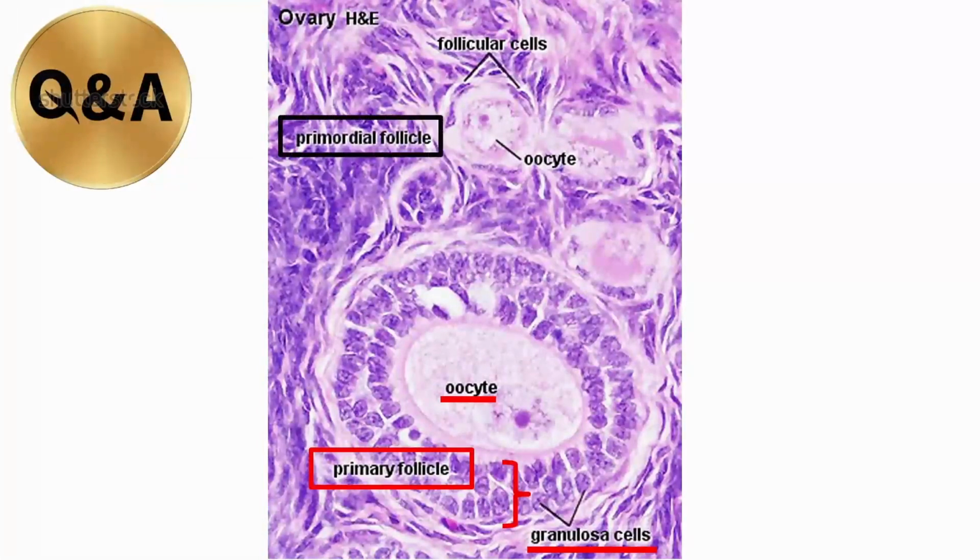While if you go up, you can see that there is a primordial follicle having a smaller oocyte and there is no zona pellucida, and it is surrounded by a single layer of flat cells.